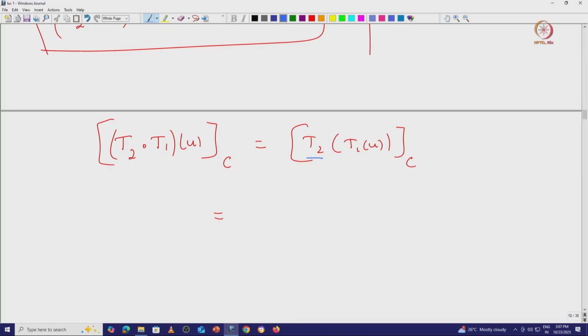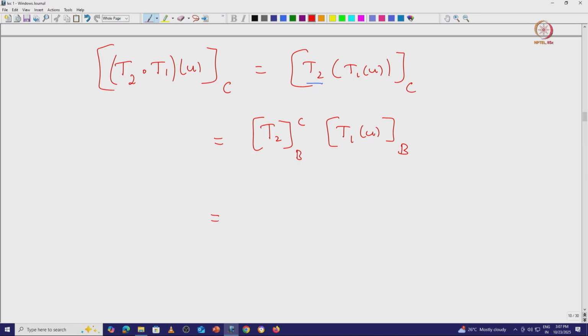We can take out the matrix representation of T2. So we get the matrix of T2 with respect to B, C times T1 of u with respect to B.